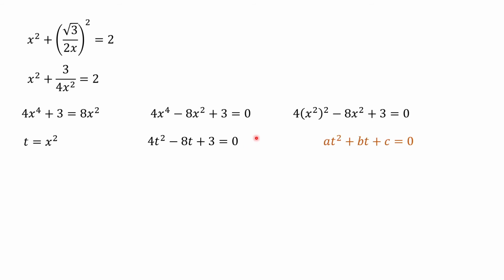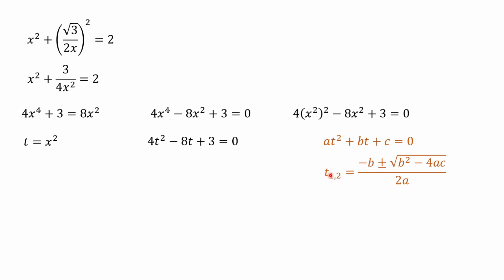If you have an equation like this, a t squared plus b t plus c, where a, b, and c are constants, this equation in general has two solutions for t, and those two solutions can be expressed by this formula. When we see plus minus, it means that one solution, let's call it t1, has a plus sign in front of the square root.